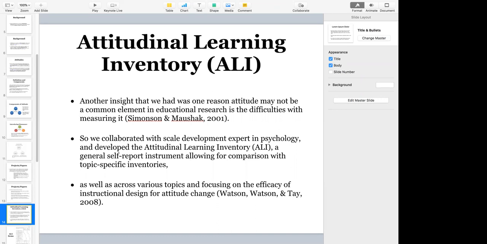So using it across topics and focusing on the efficacy of instructional design for attitudinal learning was another reason why we said, okay, something like Ali might be very helpful for us to explicitly understand that attitudinal learning is really a part of education and learning, and it's something that we can be more explicit and cognizant about, providing a very fair way to have students grow in their attitude in a positive way.